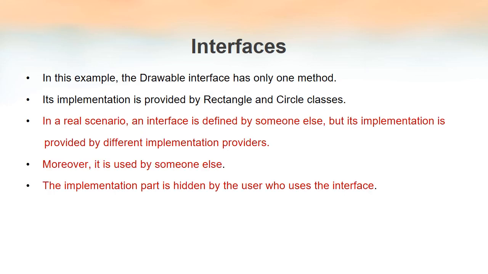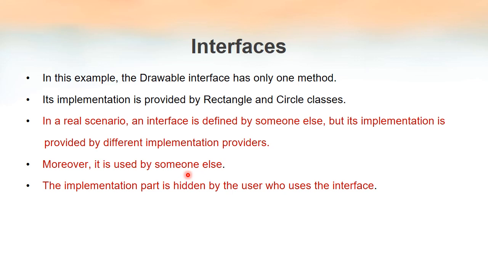Now we will see how to use interfaces while we write a program. These 3 points that you have to keep in mind are really important. In a real scenario, an interface is defined by someone, but its implementation is provided by different implementation providers. Moreover, it is used by someone else.